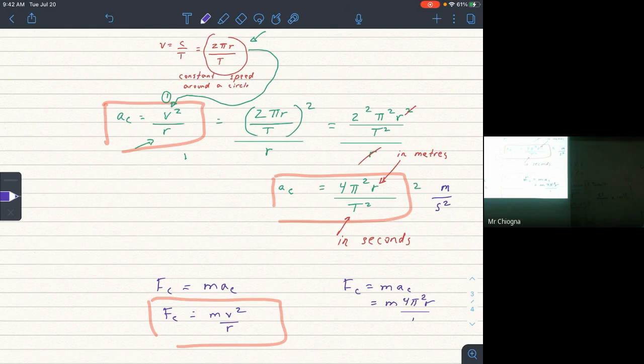Pi squared over t squared. Two equations, which one to use? It depends. If you're given the radius and period, you use the second one. Wait, this is the second one. This is the first one.